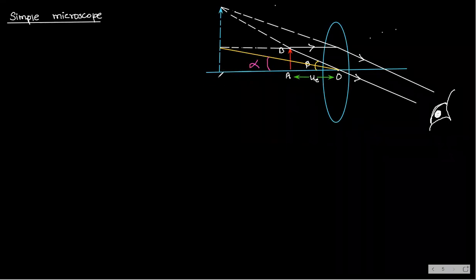Again I am writing A dash B dash, because it is the same equal height of the object, and this point I am denoting as B double dash. Clear? And the final image is at the least distance of distinct vision, so I am writing V is equal to D.